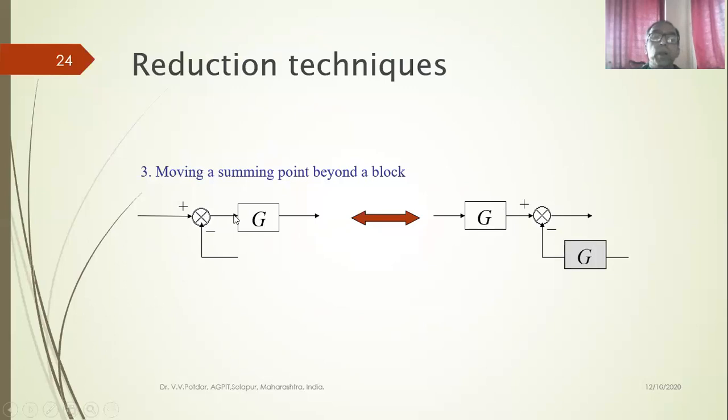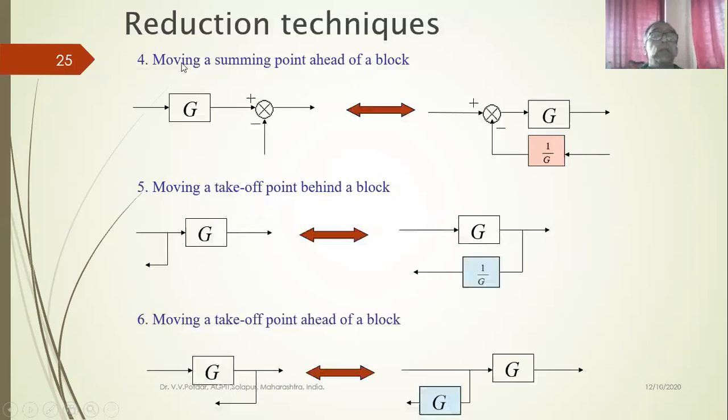I have taken this summing point beyond the block, but I have to make a necessary change. Here in the feedback path, there was no block. So in the equivalent block diagram, I have to insert G so that the overall equation relationship of the original block diagram remains the same. This can be proven very easily. So if I'm moving a summing point beyond a block, I have to insert the same value block in that feedback path.